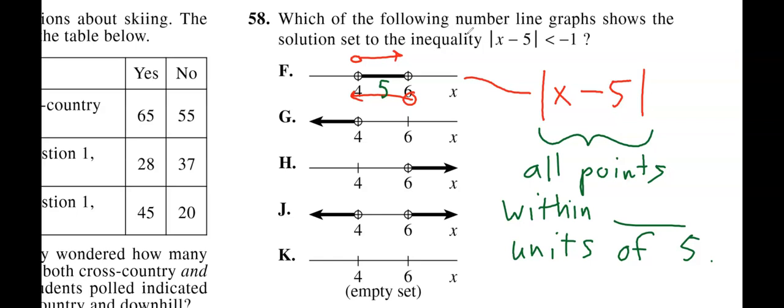How many units have you gone right? You've gone 1 unit, right? 1 unit left, 1 unit right. So if this question had looked exactly like this, the answer would have been letter F. But it wasn't. They threw in that negative, which kicked us out of letter F altogether.